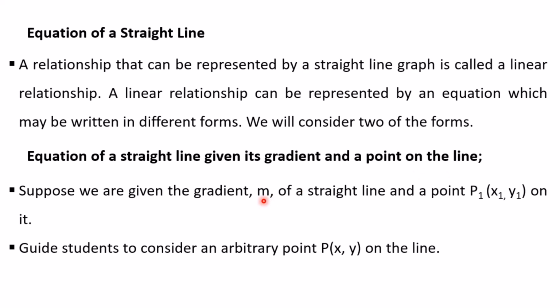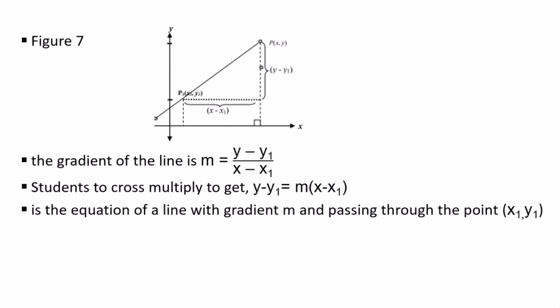Suppose we are given the gradient m of a straight line and a point P, (x1, y1), on it. We can guide our students to find an arbitrary point P on that same line, then we use it to find our gradient. When we look at our figure here, the gradient of the line is m.